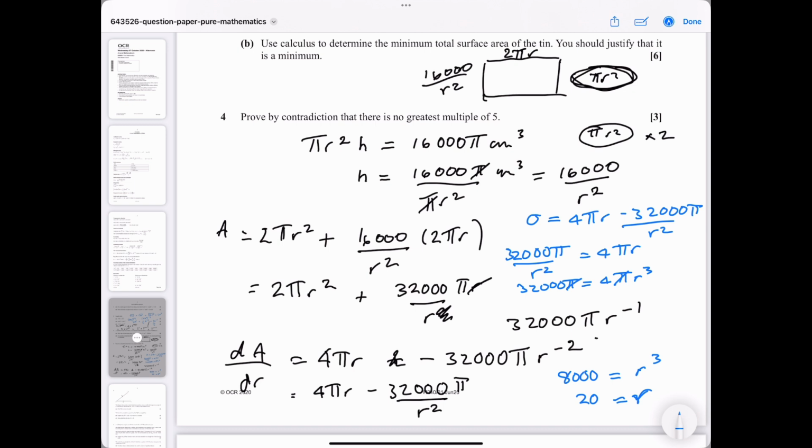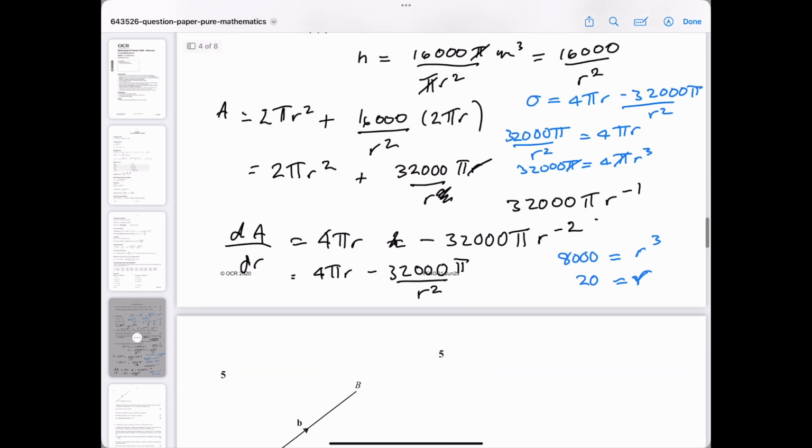Well, we could find that it's a minimum by simply doing d2A by dr squared, which would be 4 pi minus, so that's r to the minus 2, so it's plus 32,000, and that would be r to the minus 3 over r to the 3.